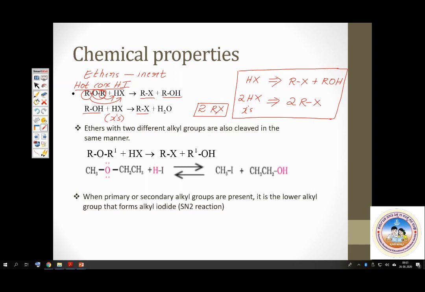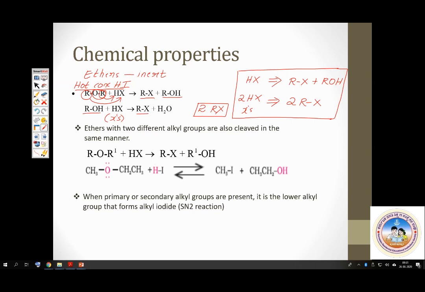Now, if the ethers are symmetrical, we have no problem in finding out the products. If the ether is symmetrical, any R group will go to the halogen forming alkyl halide, and any R group will stay with oxygen forming alcohol. But the problem arises if the ethers are unsymmetrical, ethers with 2 different alkyl groups.